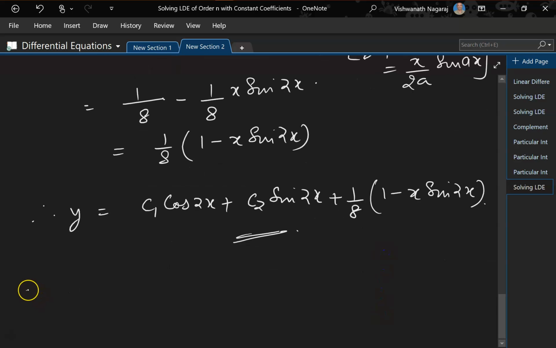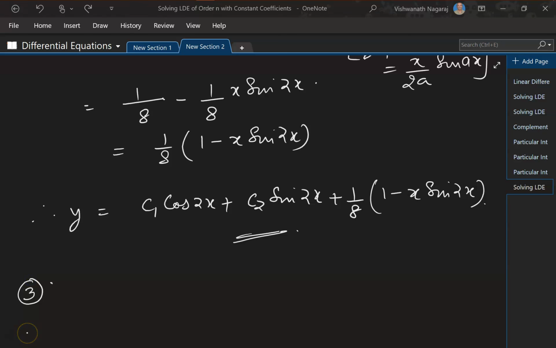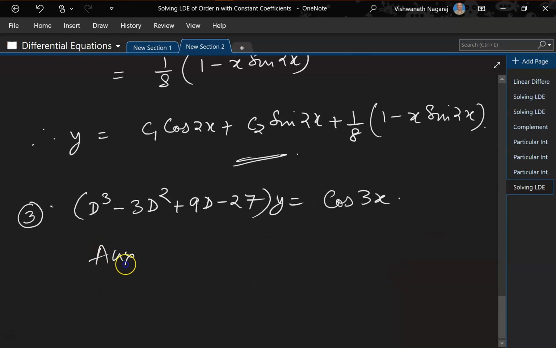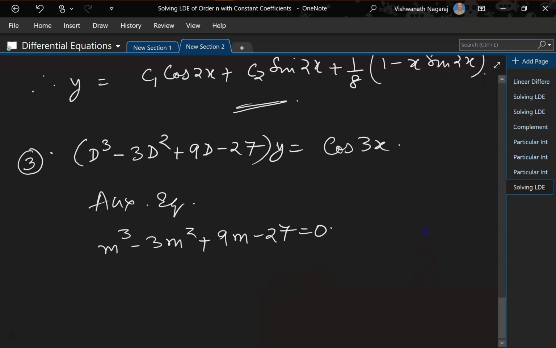Okay, let's take one more, and that is d cube minus 3d square plus 9d minus 27 Y is equal to cos 3x. Now the auxiliary equation is going to be m cube minus 3m square plus 9m minus 27 equal to 0.